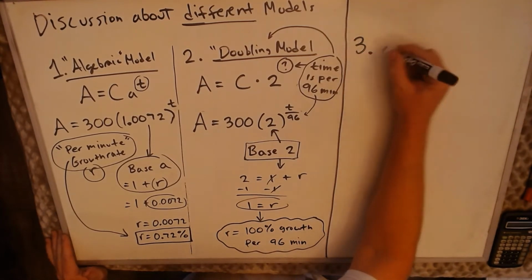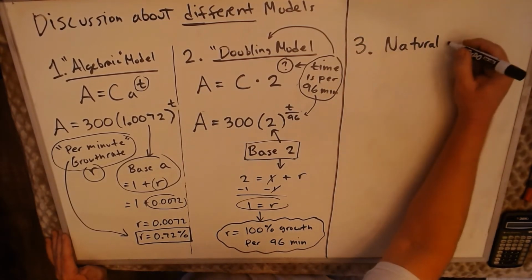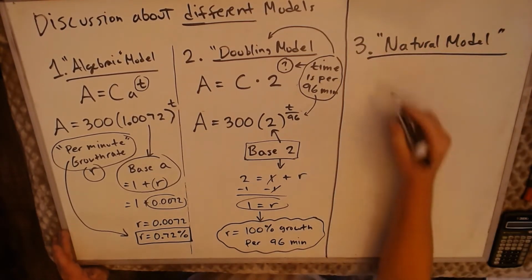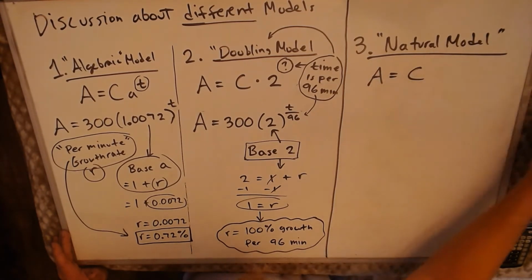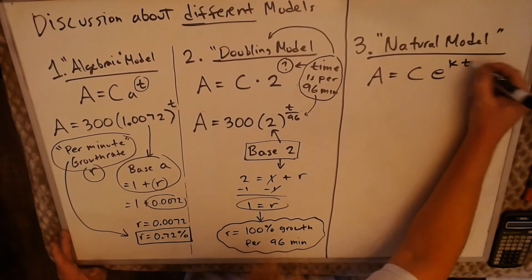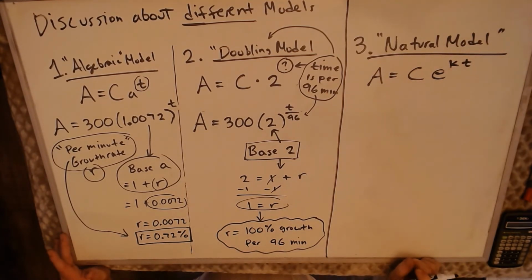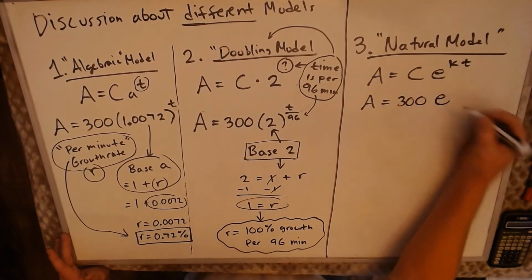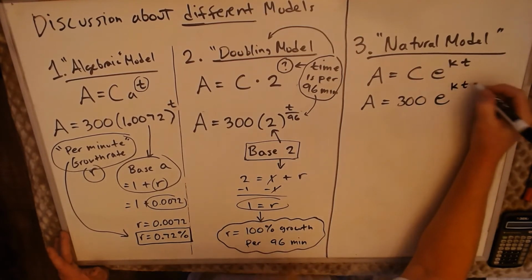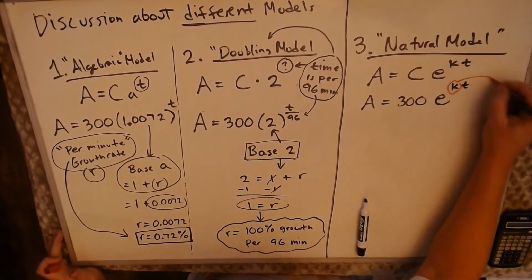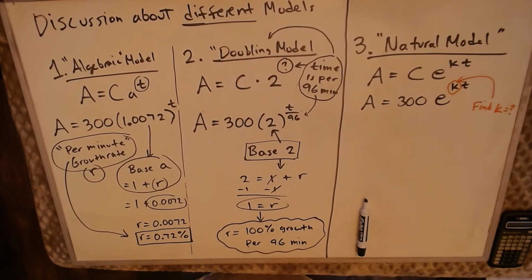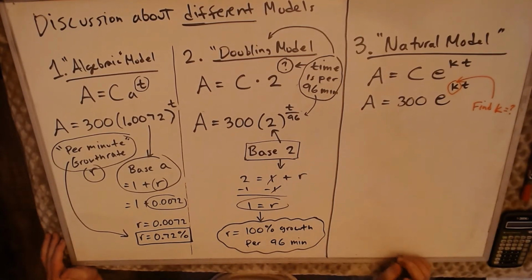Finally, you have your third model, your natural model. Now the natural model is base E. So we still have the original amount, 300. Now our base is E, and we need to figure out what K is. Find K. So we look at these.